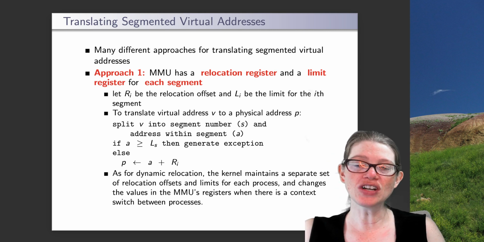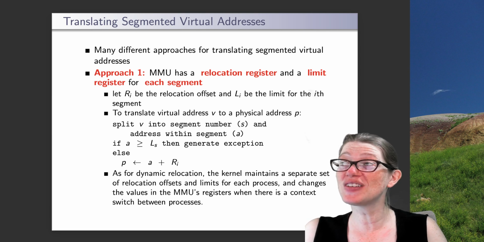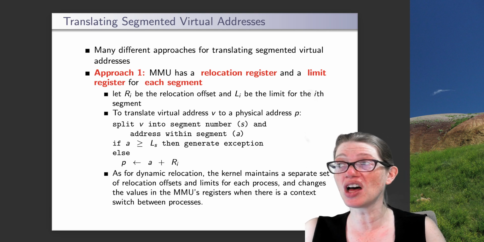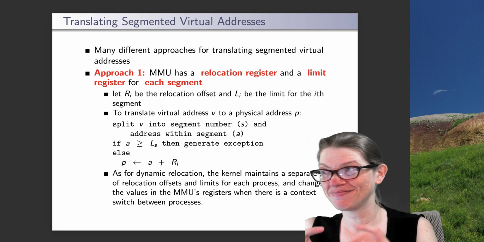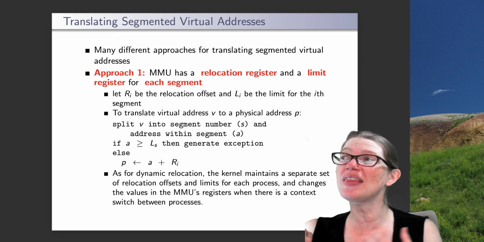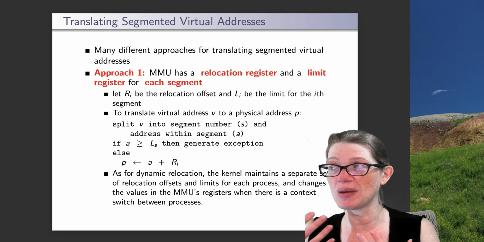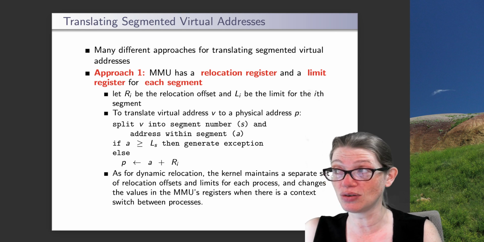Here's the thing. Registers consume physical space on the MMU. We want the MMU to be as physically small on the CPU as possible. So this one actually ends up with a fairly big MMU. It also is going to dictate to the operating system the layout of the address space, and we may not want that. I don't know about you, but I don't like people telling me how I have to do things.